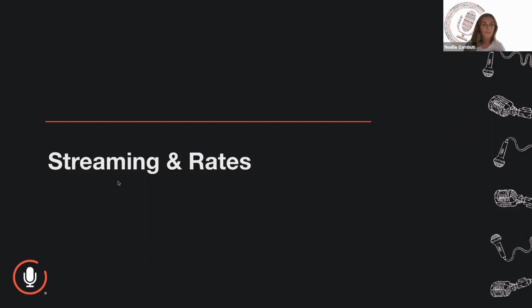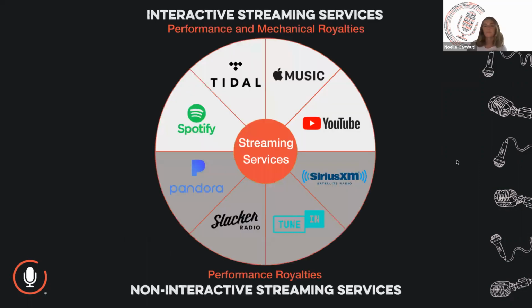So now that we have that baseline recap of music publishing, we can get into what we're here to learn about, which is streaming and rates, a very hot topic. At the very base of things, I want to talk about the two different types of streams that exist, which are interactive and non-interactive streams.